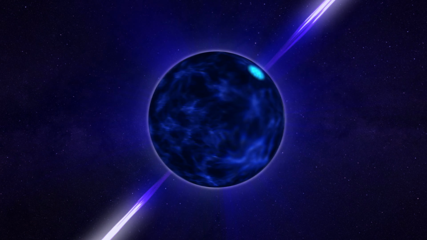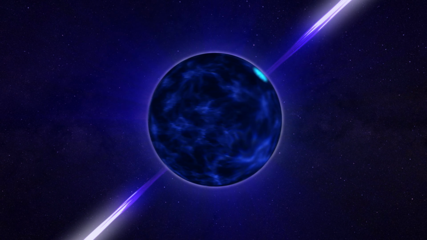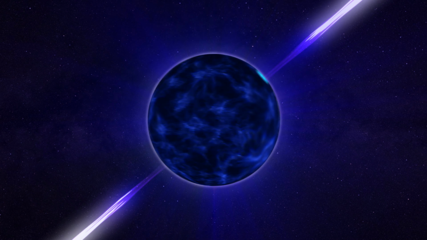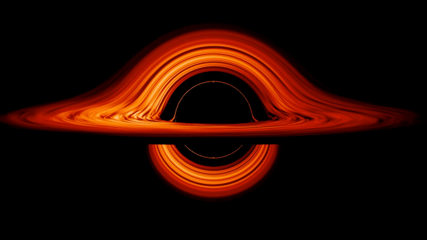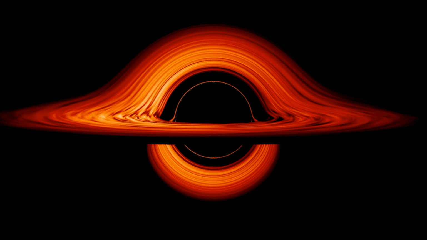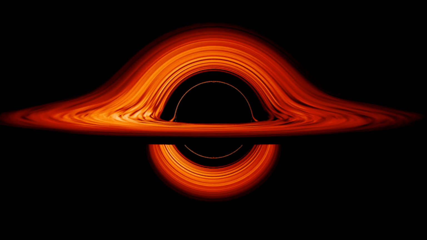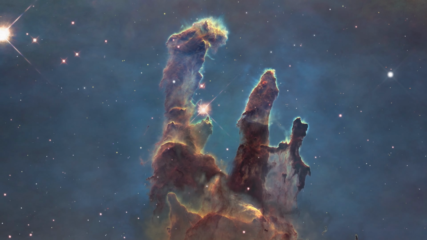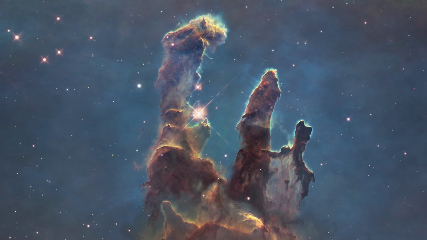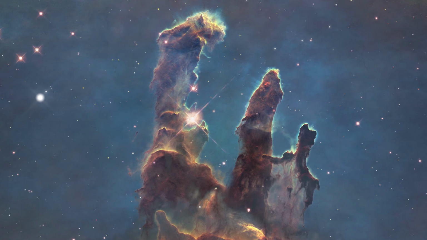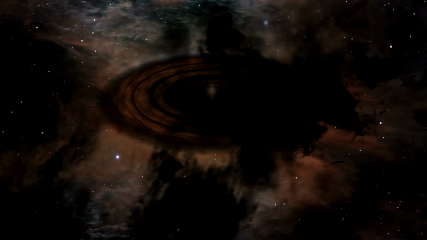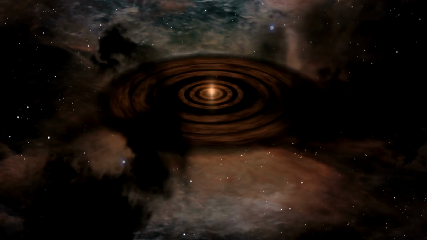In this case, the core survives even still, but now as an incredibly dense remnant, either a neutron star or a black hole. The material cast into the cosmos by events such as these will enrich future molecular clouds and become incorporated into the next generation of stars.